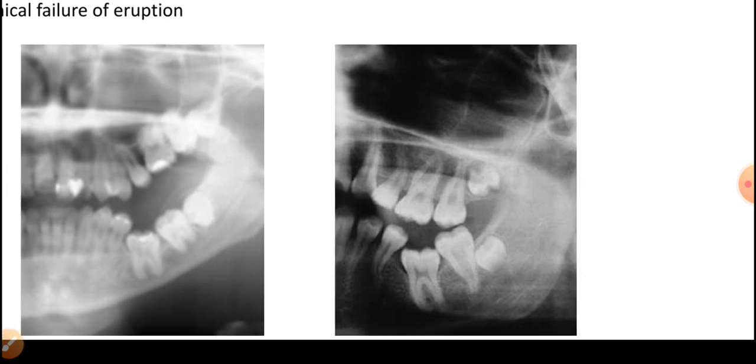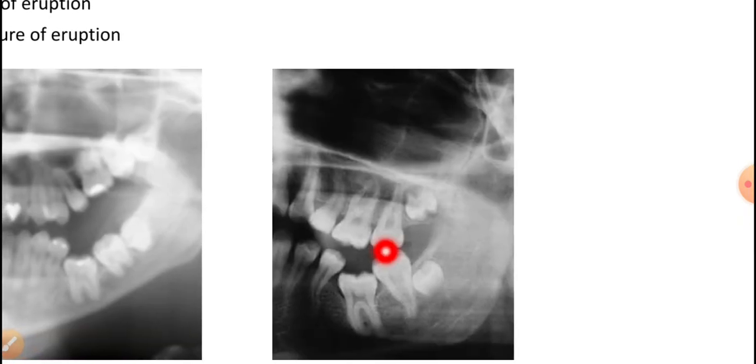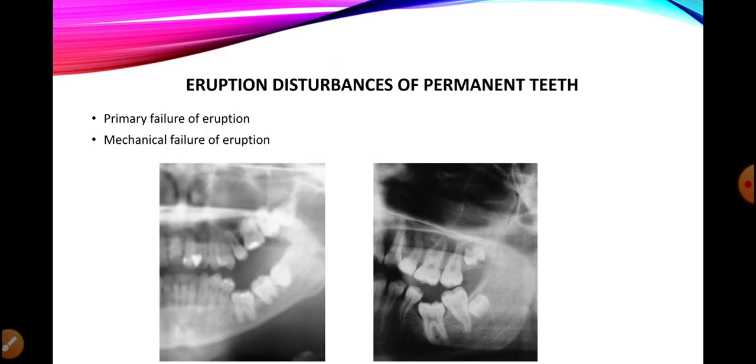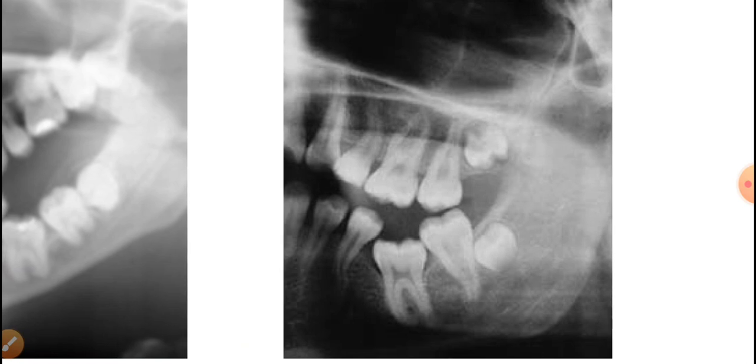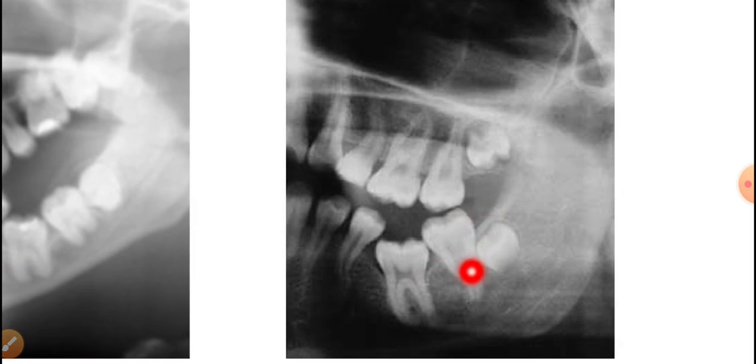Whereas in case of mechanical failure of eruption, if one tooth has a mechanical failure of eruption, the teeth that are distal to it have the capacity or ability to erupt. Usually mechanical failure of eruption involves the first molars, and it also has radiographic signs of ankylosis. See here, we can see certain radiographic signs of ankylosis here.